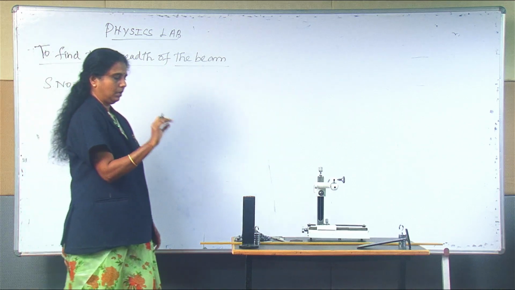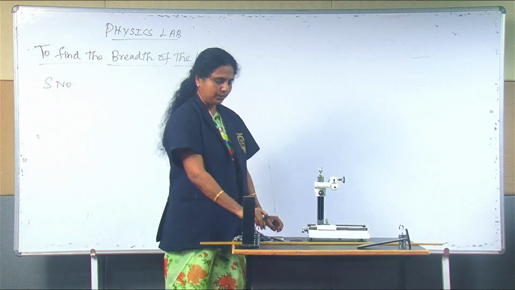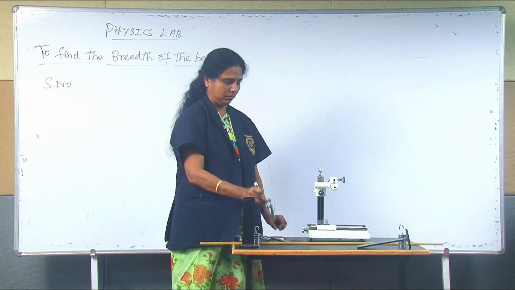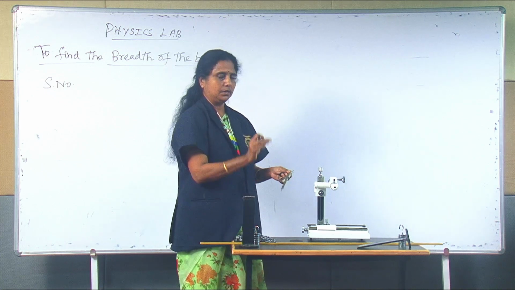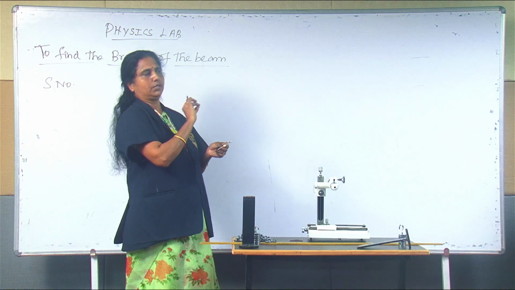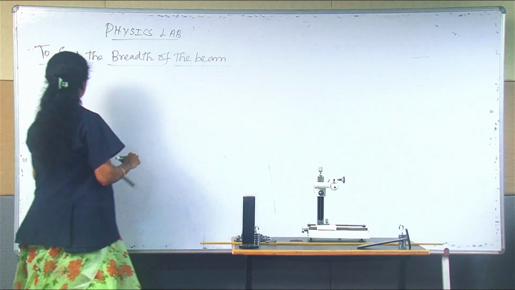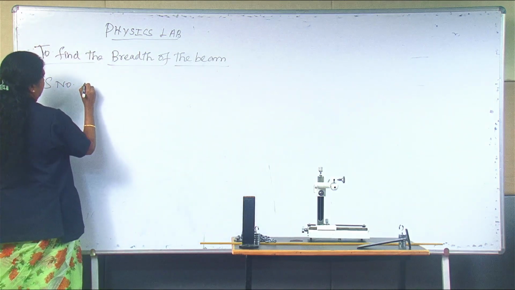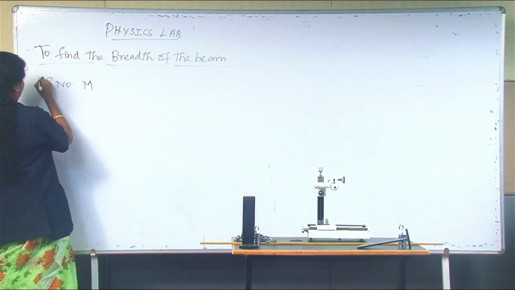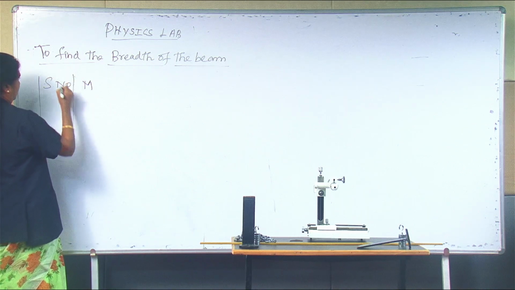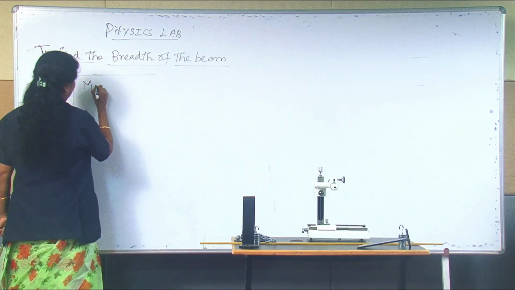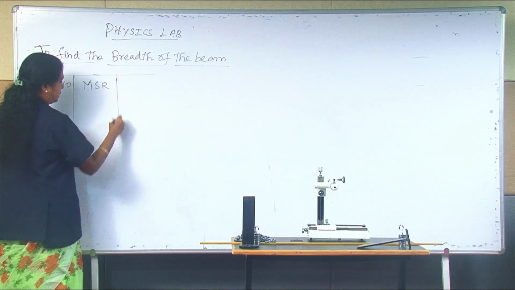You can get correction and error only while using the screw gauge. So you simply write zero correction is nil and error is nil. This is MSR, means main scale reading.